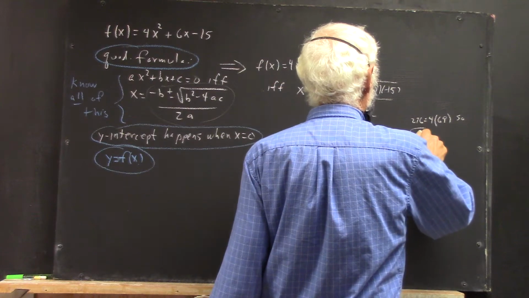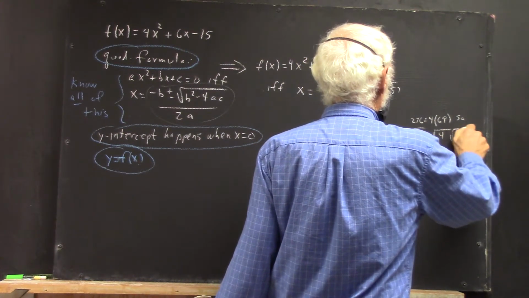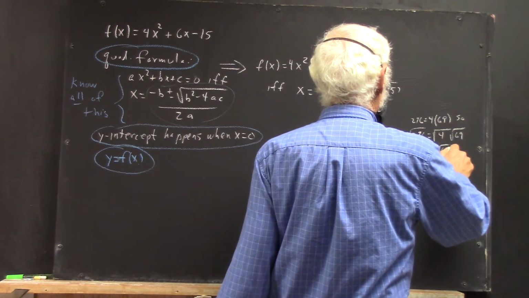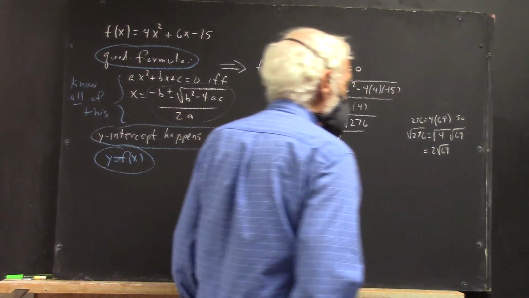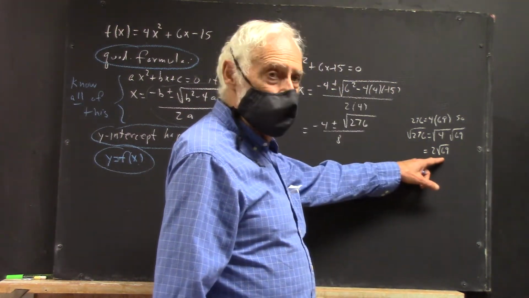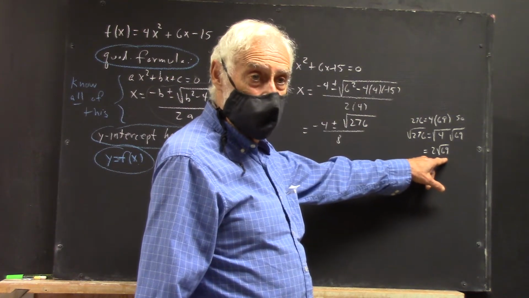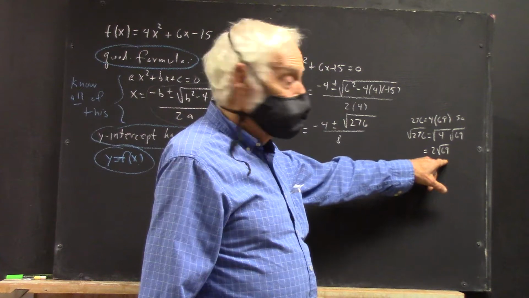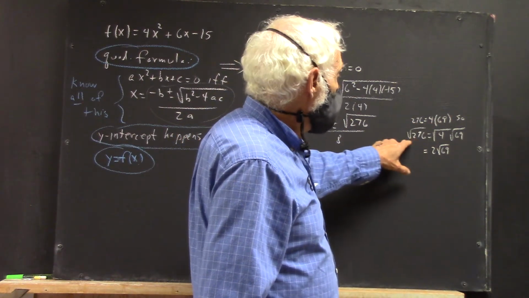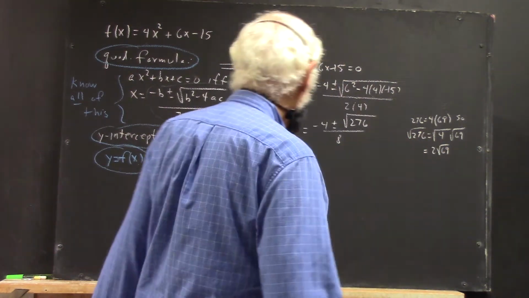So the square root of 276 is the square root of 4 times the square root of 69, which is 2 times the square root of 69. Now 69 is 3 times 23, 3 is prime, 23 is prime, so that can't be factored. But we can factor out the 4 from the 276, so factoring out a square root of 4 from the square root of 276, we get this.